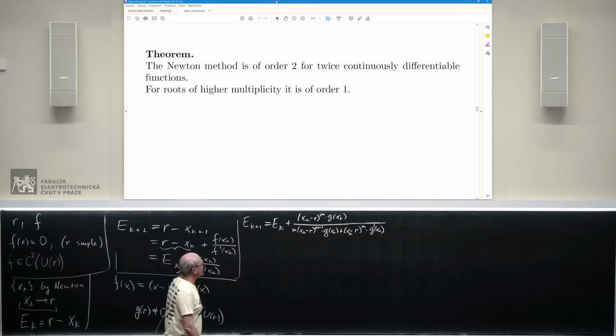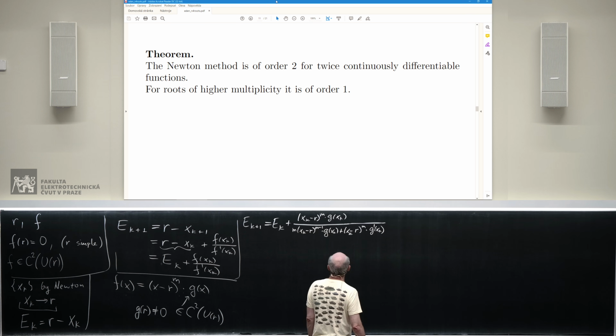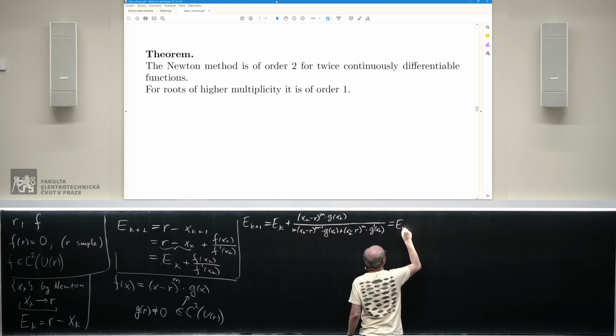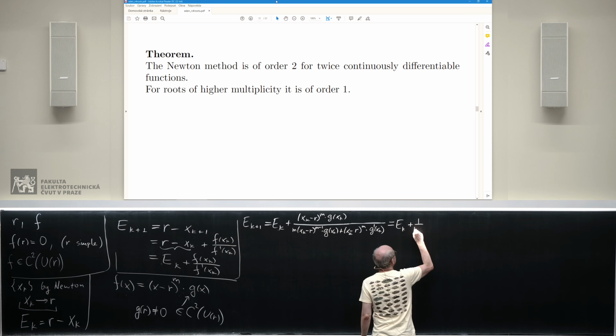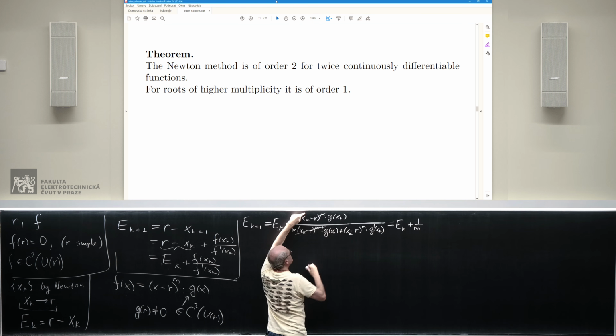Okay, some cancelling, some reorganization. First, this is e_k plus, I'm going to cancel (x_k minus r) to the power m minus 1 in the whole fraction, and I'm going to factor out m from the denominator, so it appears down here. When I cancel (x_k minus r) to the power m minus 1, it disappears from here. Here there will be one left, so I just take away m.